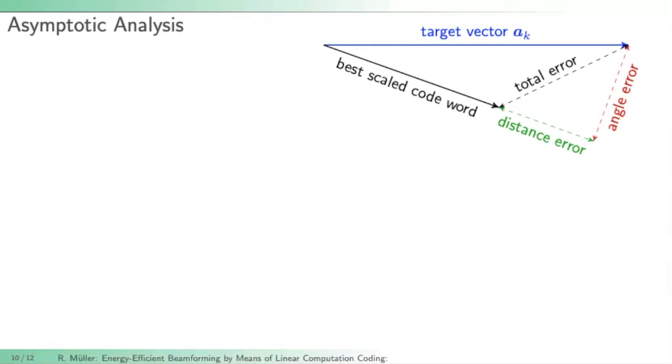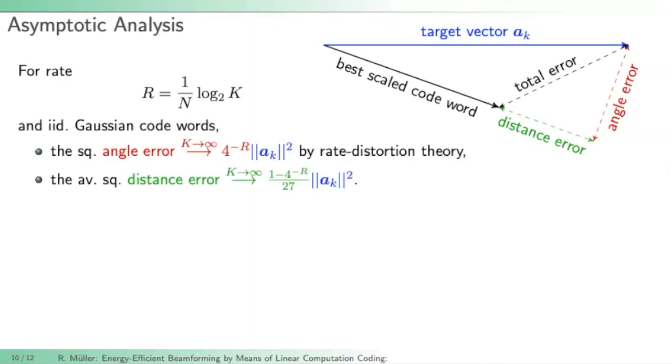The angle error comes from the fact that the correlation is not 1, and the distance error comes from the fact that you cannot take the best orthogonal projection because you can only scale by powers of 2. For IID Gaussian codewords, the squared angle error can be easily calculated by rate distortion theory, and the average squared distance error can also be shown by some straightforward calculations to be given by the expression on the slide.